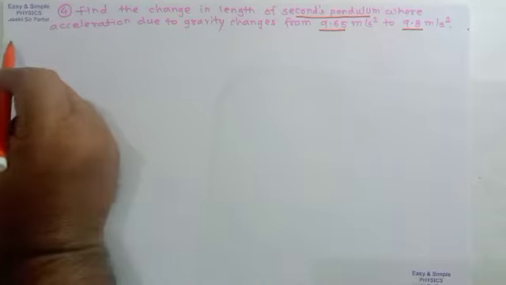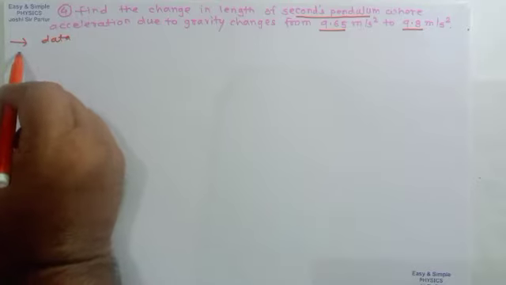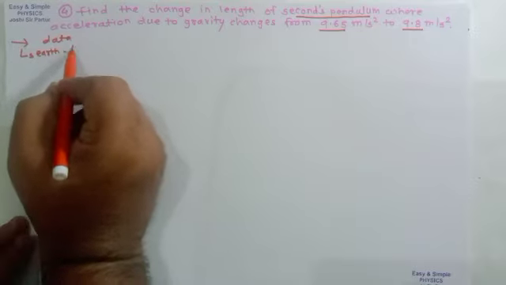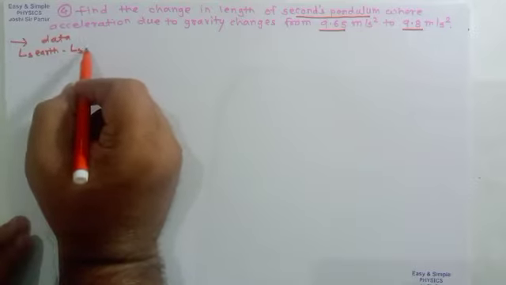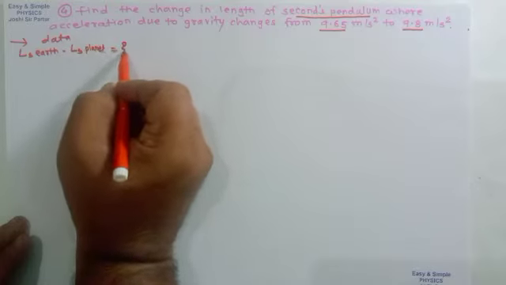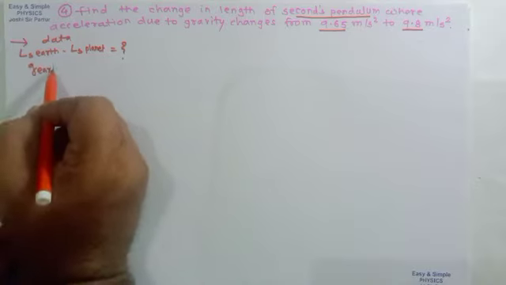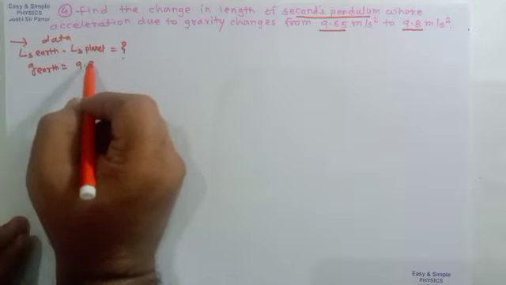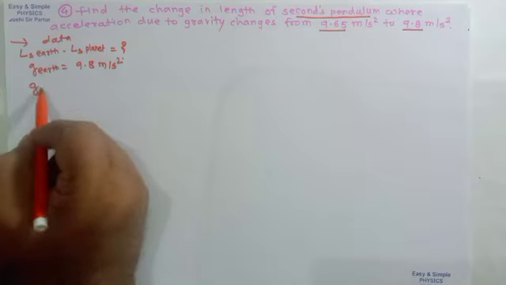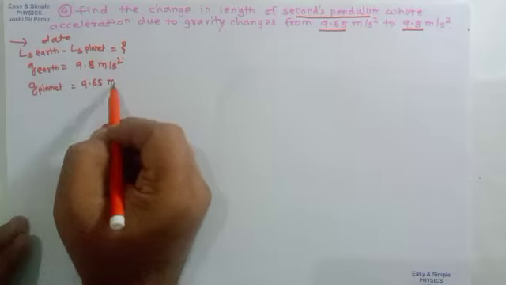Means, see here, if we can write a data, we can write length of second pendulum for earth minus length of second pendulum for planet is equal to question mark. Here, acceleration due to gravity for earth is 9.8 meter per second square. Acceleration due to gravity for planet is 9.65 meter per second square.